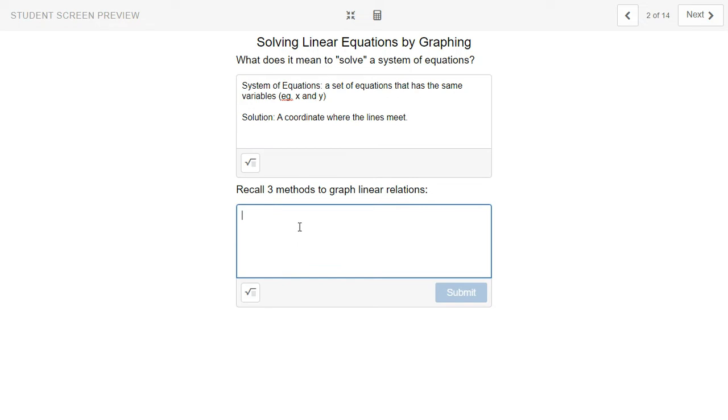So there are three ways to graph linear relations. We talked about using a table of values.